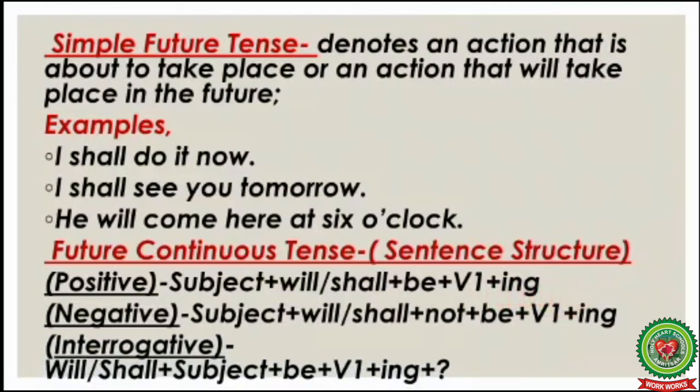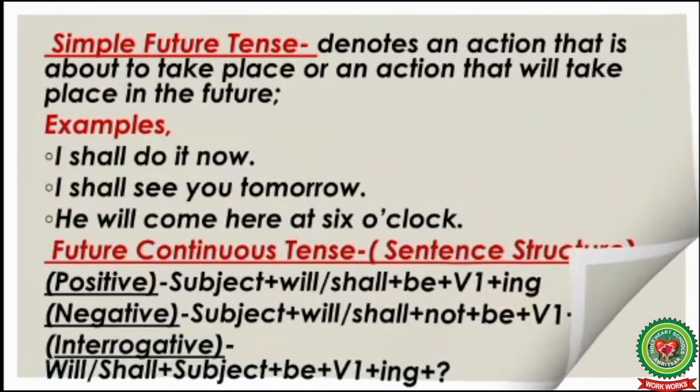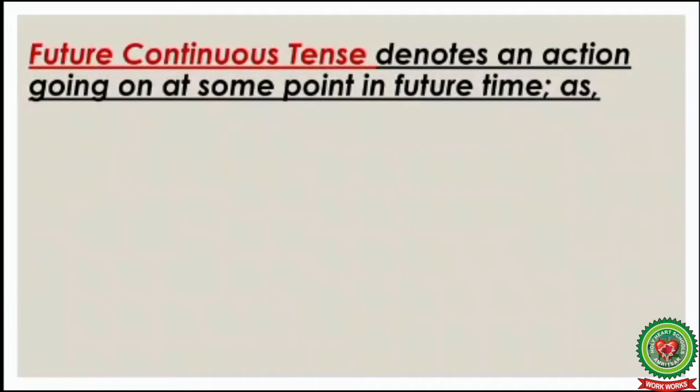In interrogative sentence, the structure is will or shall plus subject plus be plus present form of the verb plus ing plus question mark.